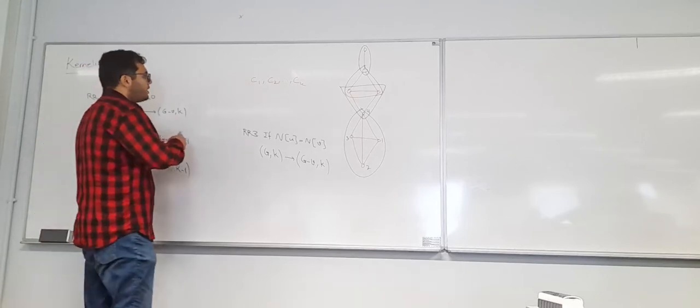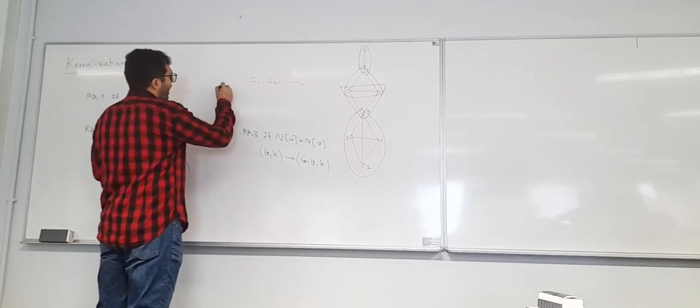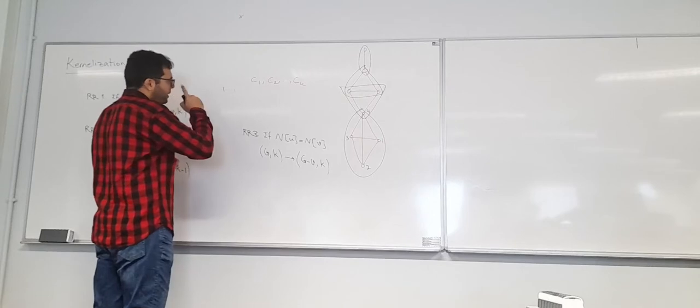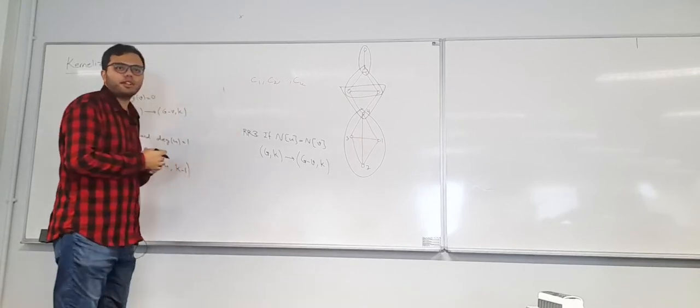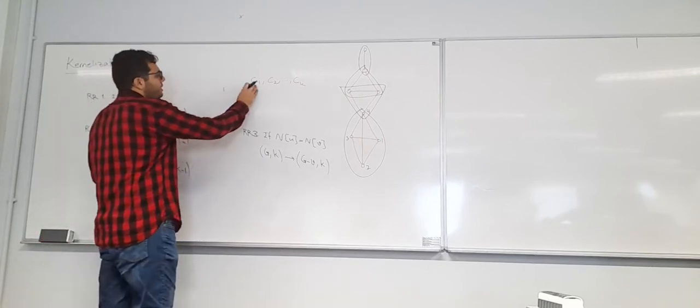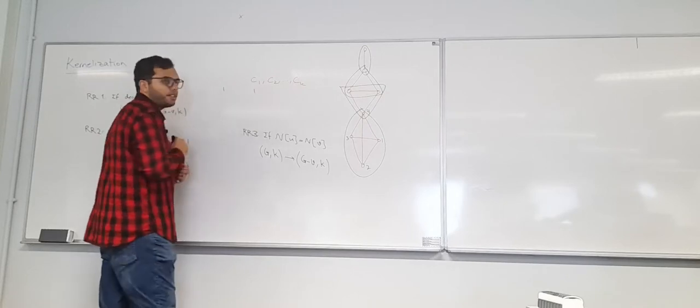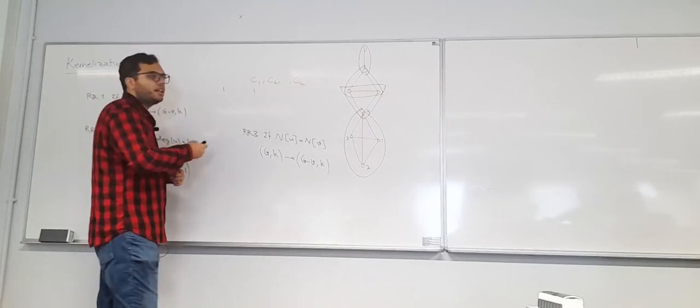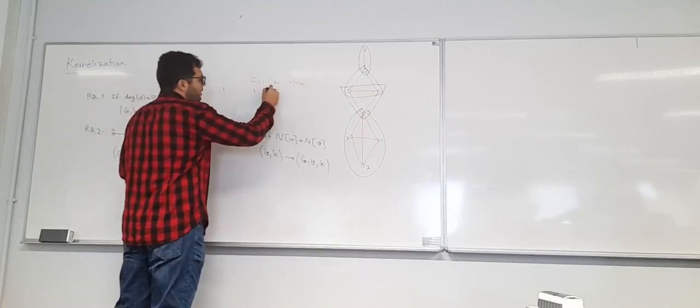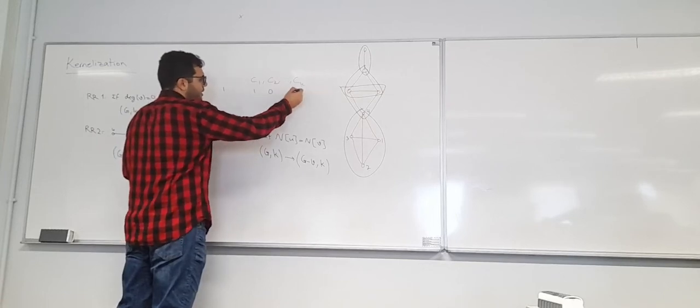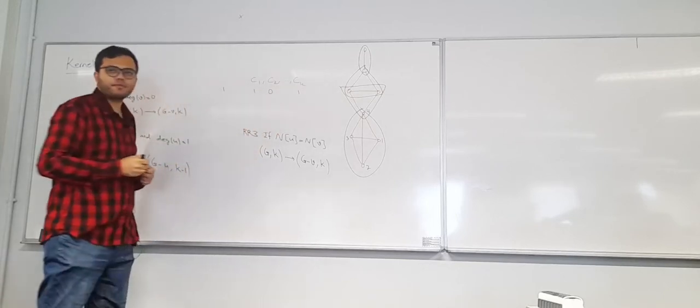So let's say I take vertex 1, and for vertex 1, I just write a binary sequence of zeros and ones. If vertex 1 is in my first clique, I write a 1 here. Otherwise, I write a 0. If vertex 1 is not in the second clique, I write a 0. If it is in the k-th clique, I write a 1, and so on.